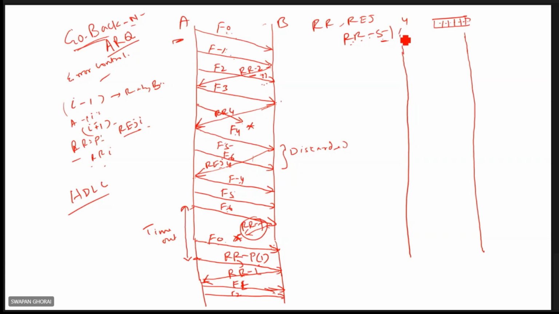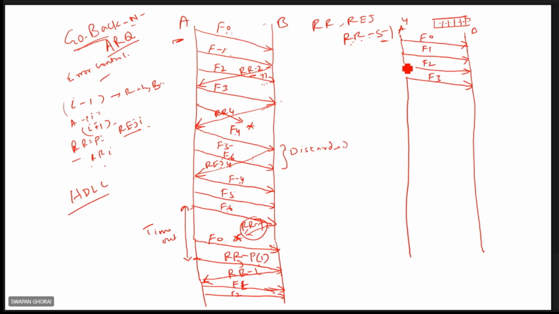So here you see A, B. Say this is F0, F1, F2, F3.